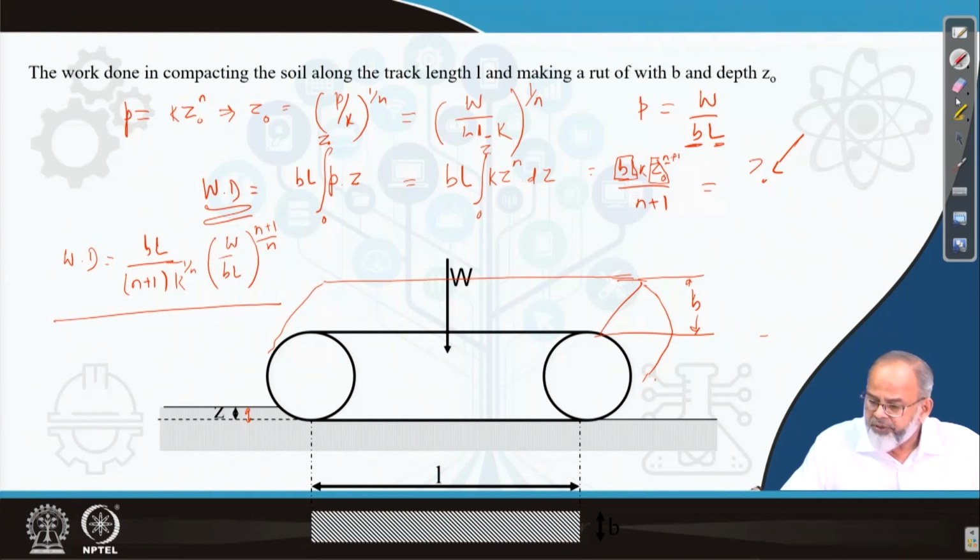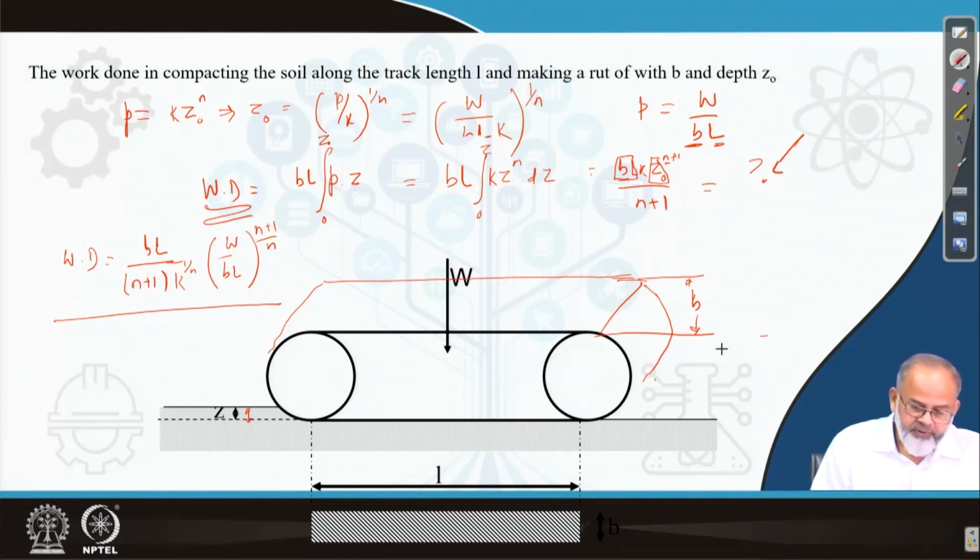Now, if I want to tow this track to a distance, say L, in a horizontal direction, then the work done in towing this track by a force which is called towing force will be equal in magnitude to the motion resistance due to terrain compaction.